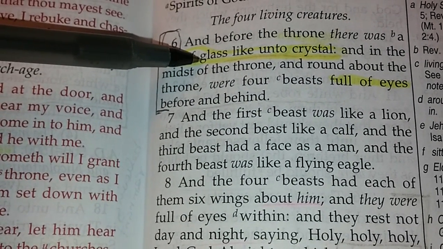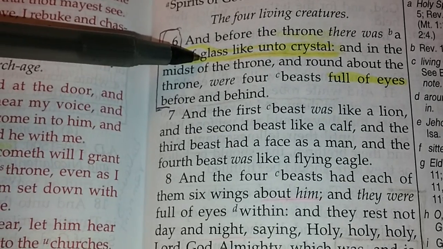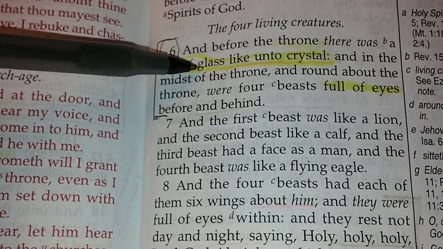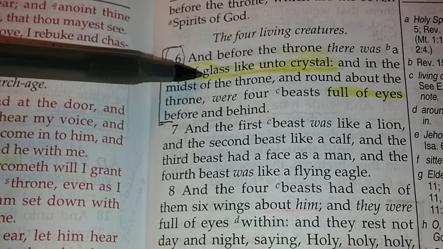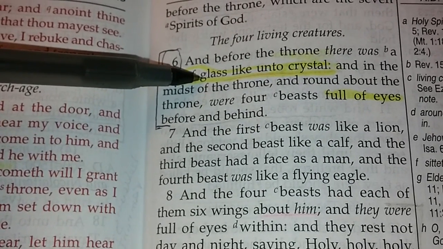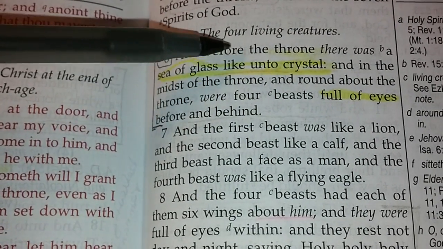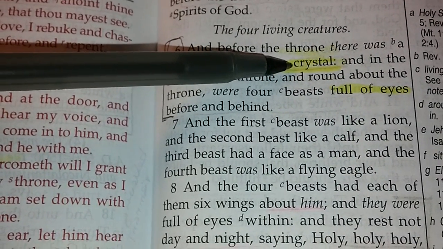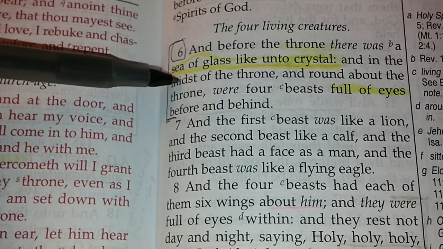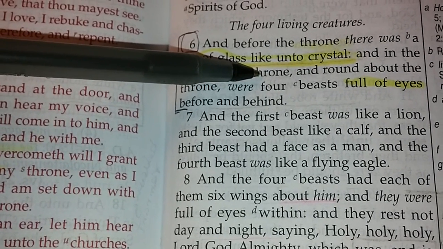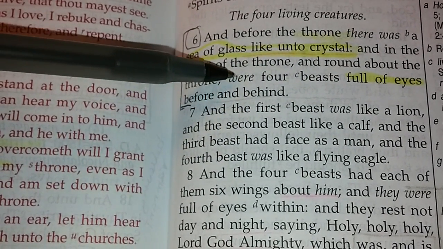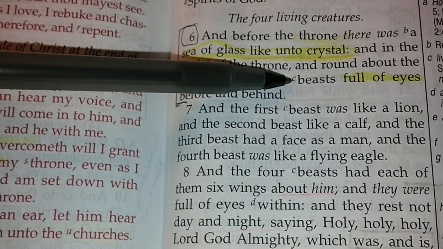And we just learned that this elliptical glass display is a glass and stone Messianic floor. A sea of glass like unto crystal. And in the midst of the throne, which is the seat, and round about the throne were four beasts, four strongholds.